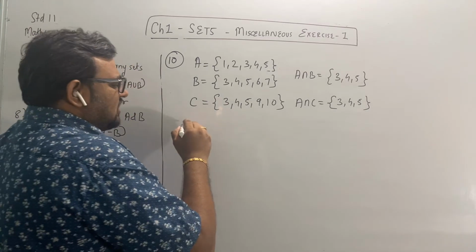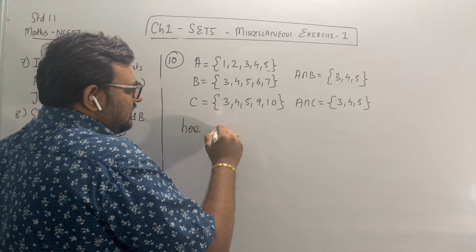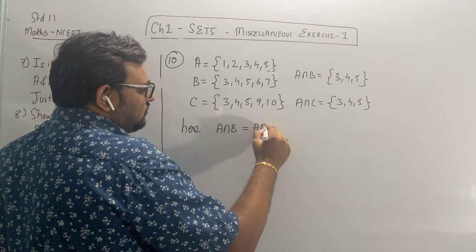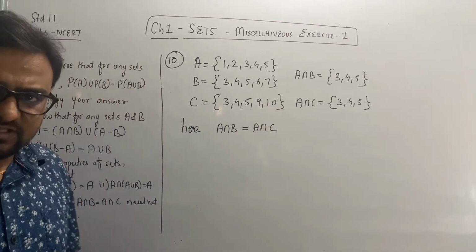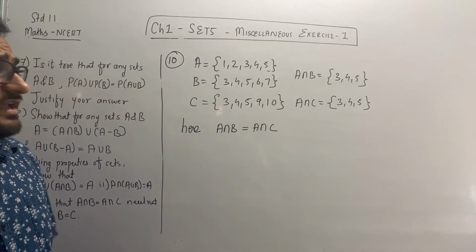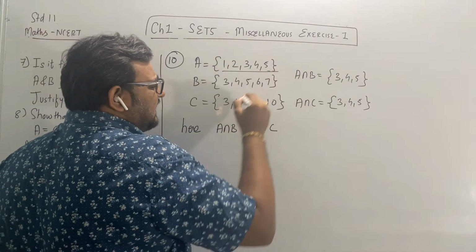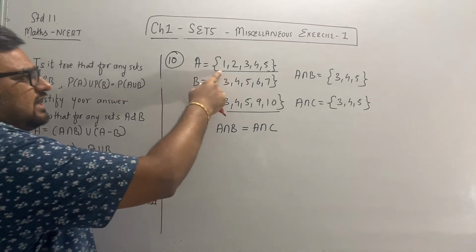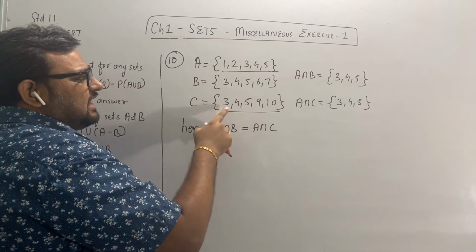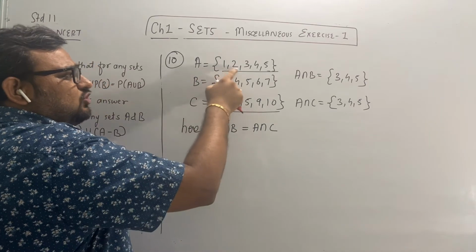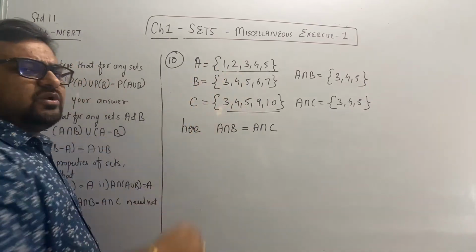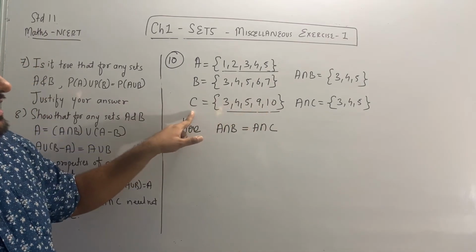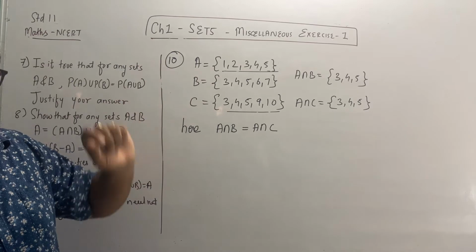So I can write it down here: A intersection B is equal to A intersection C. But see, set A and set B are totally different, because 1 and 2 belong to A, but 1 and 2 do not belong to C. Same way 9 and 10 belong to C, but 9 and 10 do not belong to A.